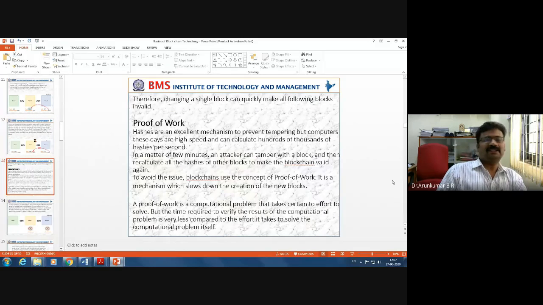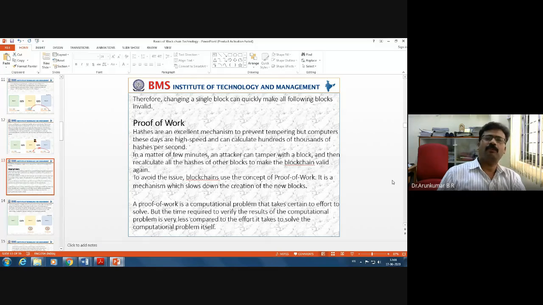Proof of work. This is a very important concept that you need to understand with respect to the blockchain. Hashes are an excellent mechanism to prevent tampering, but these days you have high-speed computers that can calculate hundreds or thousands of hashes per second.